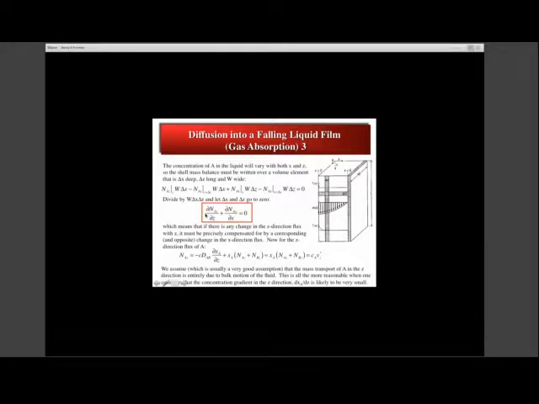And so the change in the flux of component A with respect to z plus the change in the flux of A in the x direction with respect to x has to add up to 0. And what this means is that if component A enters this box at x, but doesn't leave at x plus dx, then that amount of A must have gone out in the z direction and vice versa.